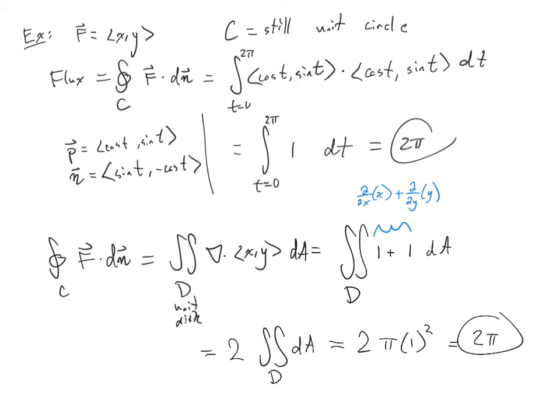So one of the things that going back and forth between doing flux form integrals and flow form integrals does is it kind of switches the role between the radial vector field and the rotational vector field, because of how passing from p prime to using n prime swaps the coordinates and adds a negative in them, just like how passing from this radial vector field to minus y, x swaps the coordinates and adds a negative between them.